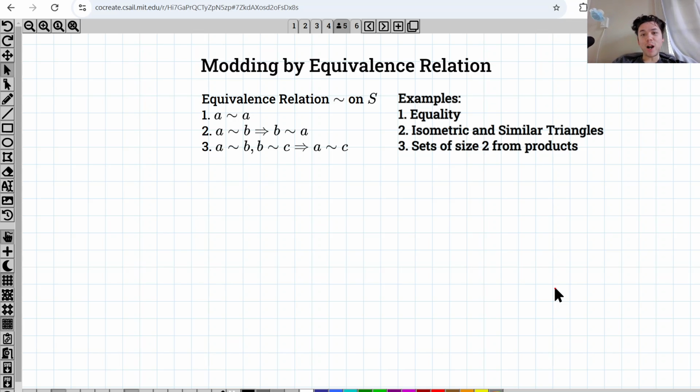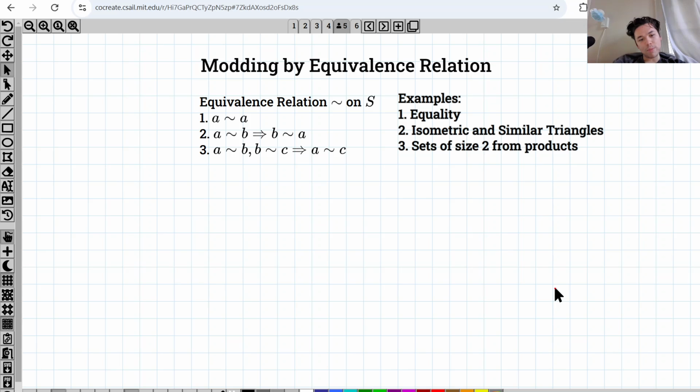And we want it to have some properties that make sense for similarity. So one, the first property is that everything should be similar to themselves, which makes sense. The second property is that if A is similar to B, then B is similar to A. That makes sense. And then if A is similar to B and B is similar to C, then A is similar to C.